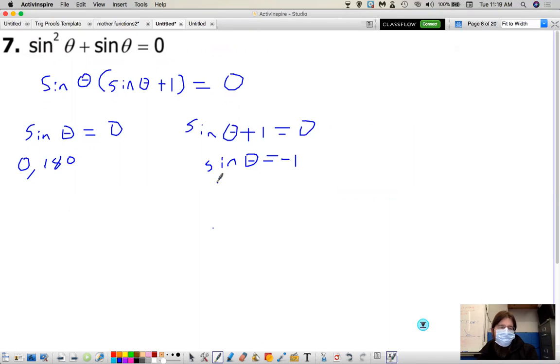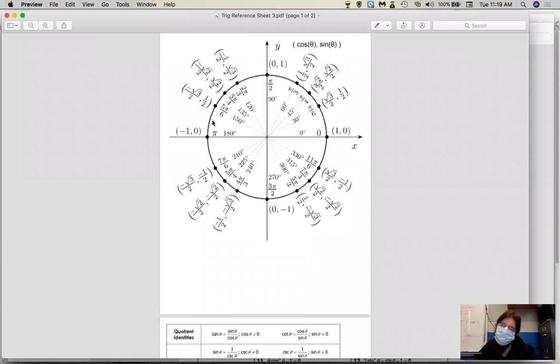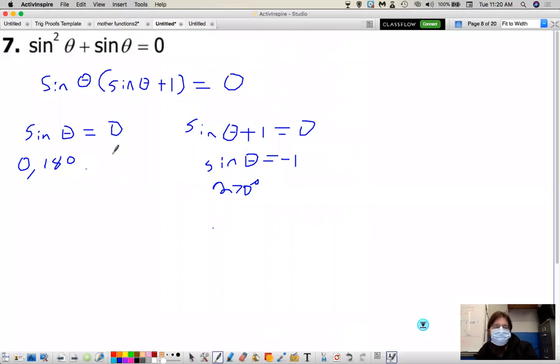This is 270 degrees. At 0, sine is 0. At 180, sine is 0. At 270, sine is -1. And that's our answers. You can check them out.